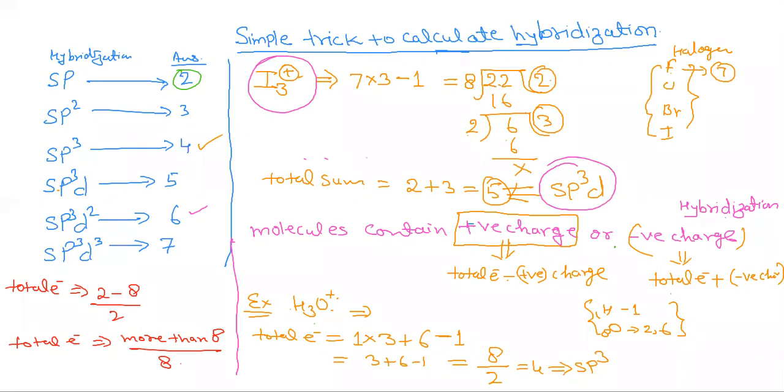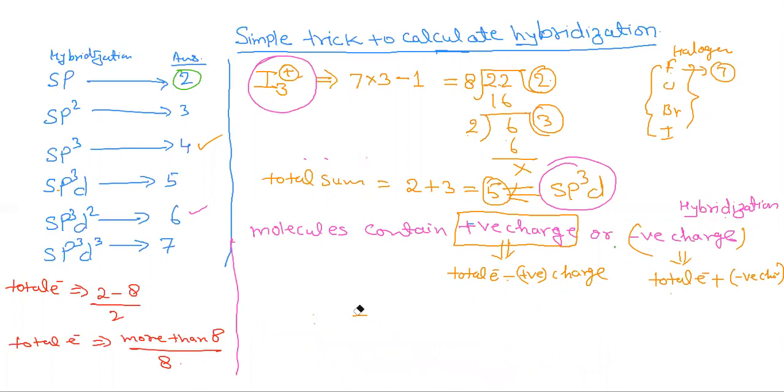Now come to the next one. If any molecule is carrying a negative charge, I have already taken two positive charge examples. Now we are going to see negative charge. I am taking the example SO4 2 negative. Sulfur is 16, 2,8,6, last shell containing 6. Oxygen belongs to the same group, 8 is 2,6. Both contain 6 electrons in the last shell.